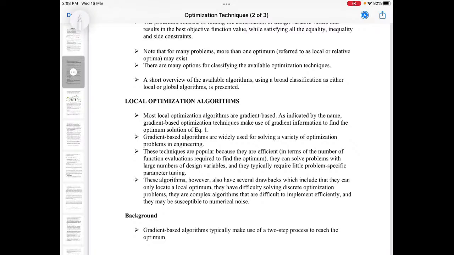Gradient based algorithms are widely used for solving a variety of optimization problems in engineering, and these techniques are popular because they are efficient in terms of the number of function evaluations required to find the optimum. They can solve problems with a large number of design variables, and they typically require little problem specific parameter tuning.